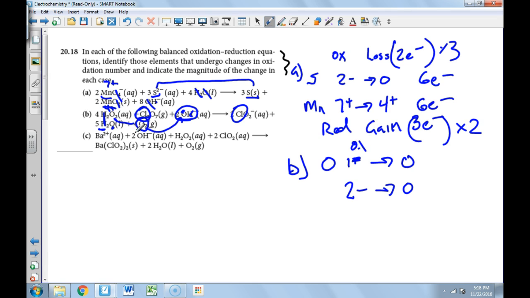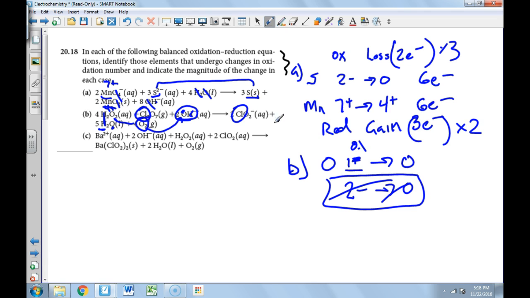Some of the oxygen is being oxidized and some isn't. Here's another one that's being oxidized. Because there's all sorts of oxygen there, my guess is we're going to keep some of it at the 2-, and this is the one that's undergoing the change.